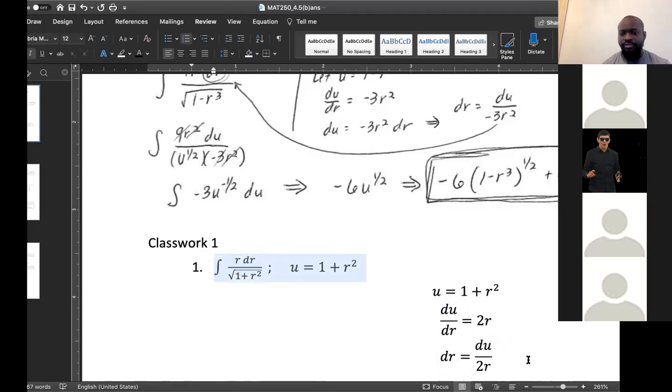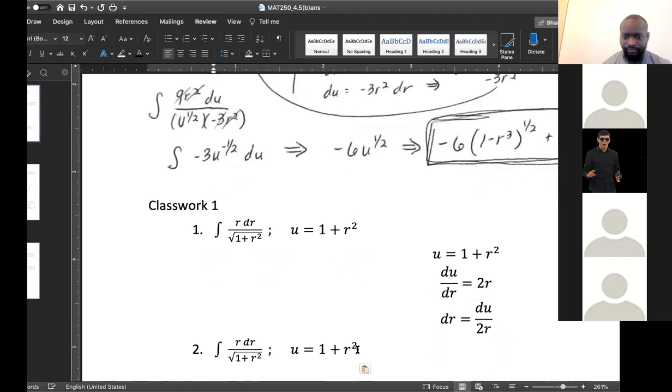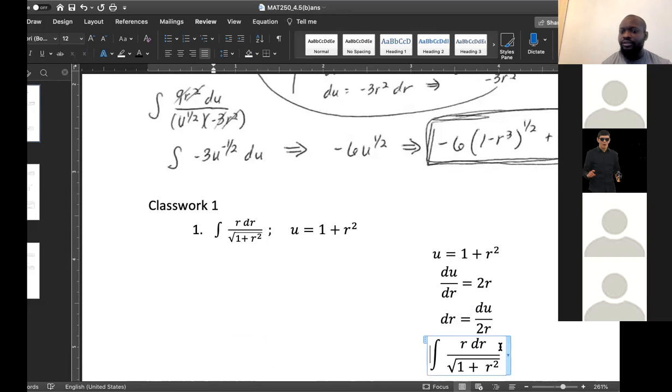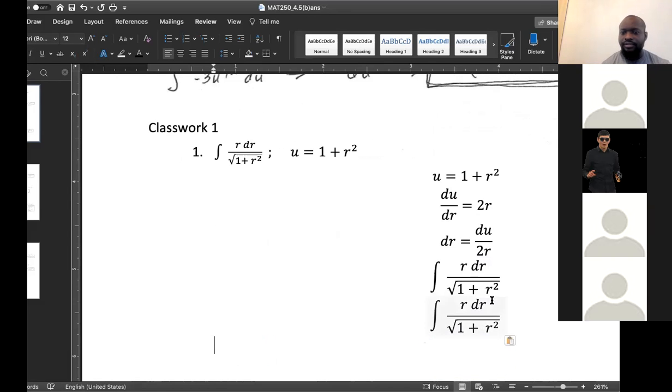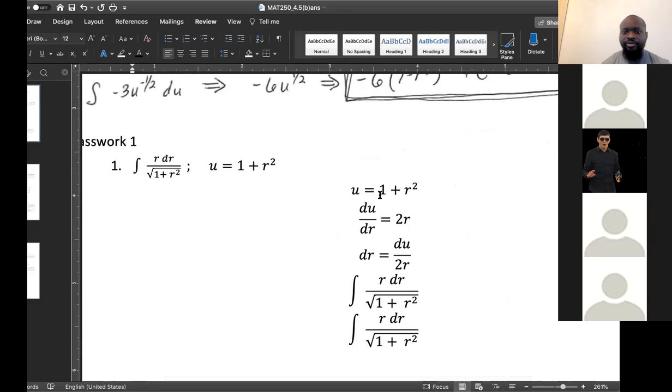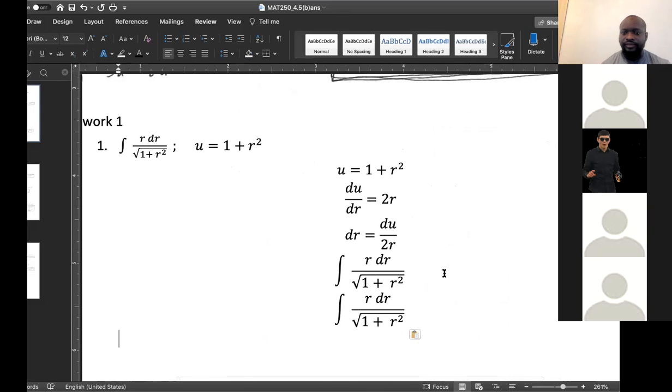So I take this integral problem. So instead of dr, I hope you all can see this, I have du over 2r. So I'm going to put du here and 2r under here.